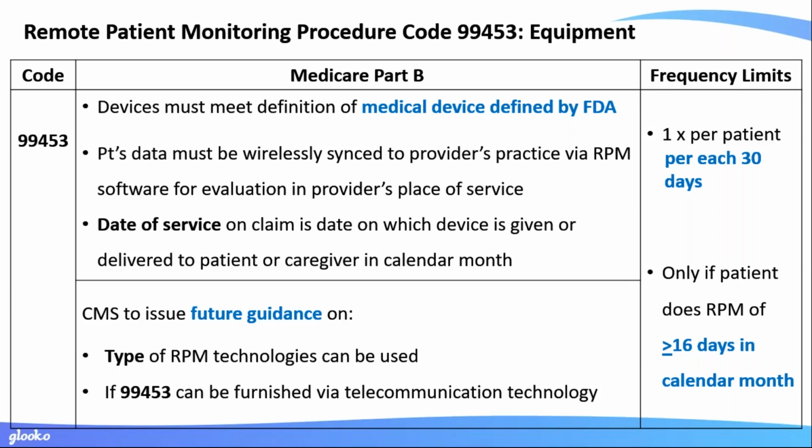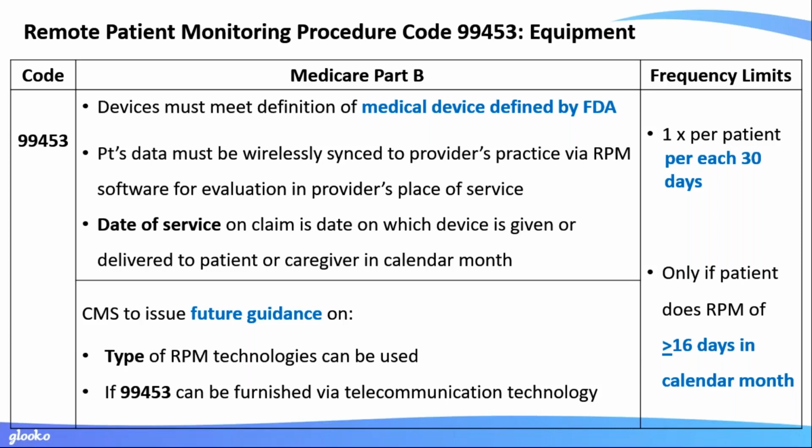It's the date on which the device is given or delivered to the patient or caregiver. But because the patient has to do the monitoring for 16 days or more, in my opinion, I would wait for that 16th or 17th day before I actually bill this code.